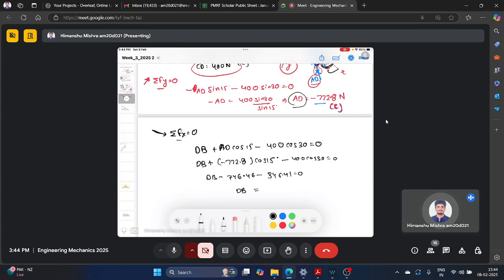So here you will get around 1.09 kilonewton.